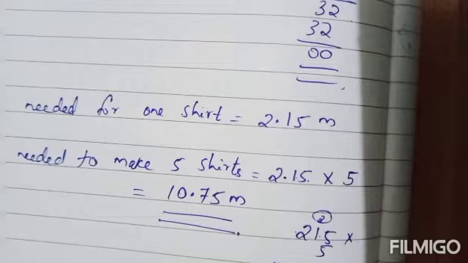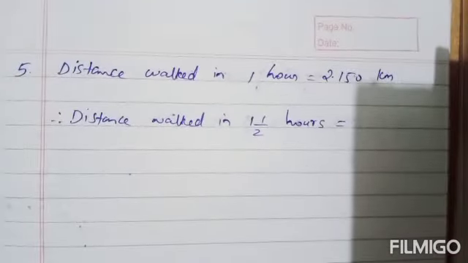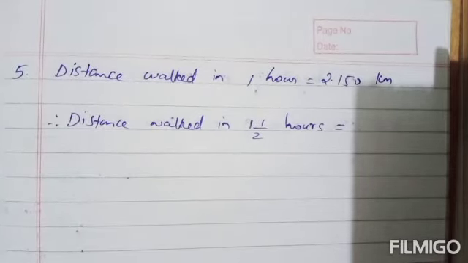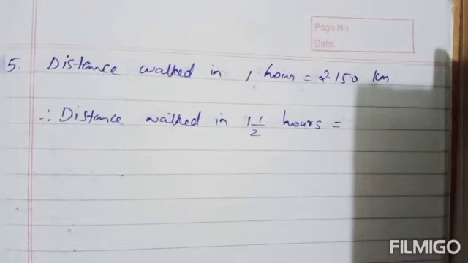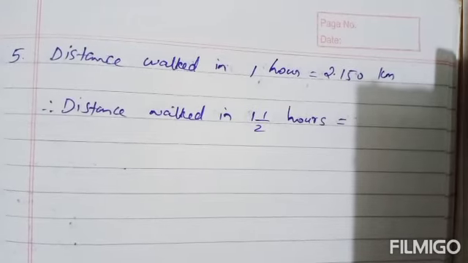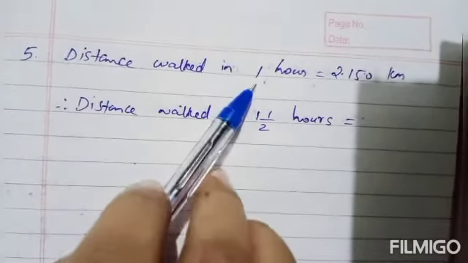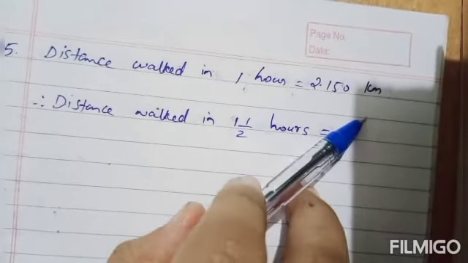Fifth question. Find the distance walked by a boy in 1.5 hours if he walks 2.150 kilometer every hour. So every hour the boy is walking 2.150 kilometer. You have to find how much distance he walks in 1.5 hours. So the distance walked in 1 hour is 2.150 kilometer.